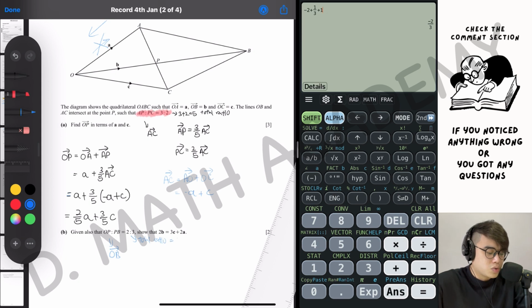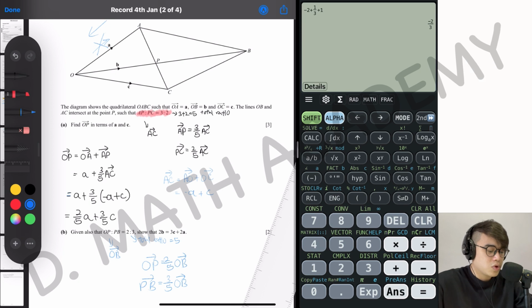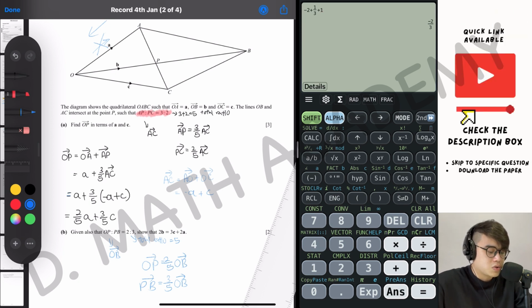So if I wanted to find OP, it will be 2 over 5 of OB, while PB will be 3 over 5 of OB. So with this out of the way, they now want us to find 2B equals 3C plus 2A.